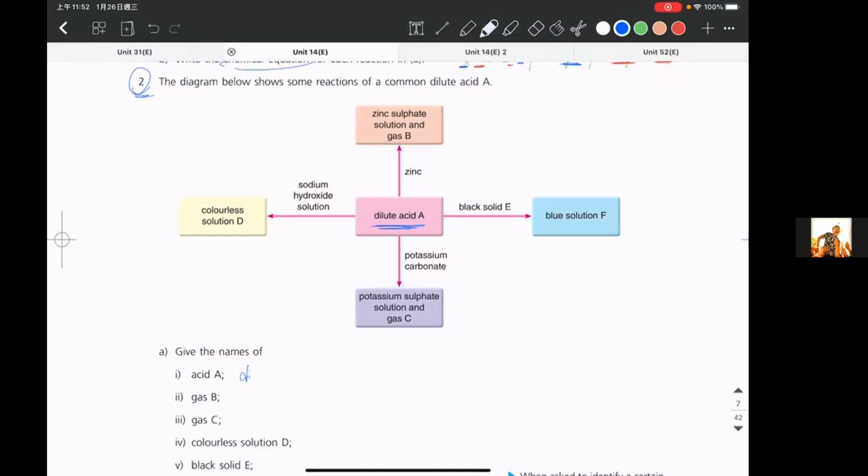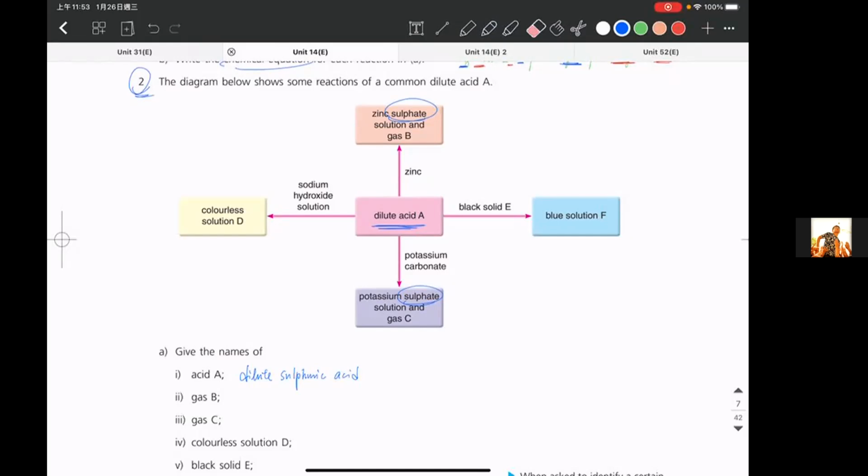How will you know? Because it produces zinc sulfate solution. Yes, we have got sulfate as the anion of the salt. So which means that the acid should have sulfate ion in the acid. So this is sulfuric acid. Yes, very good. How about B?